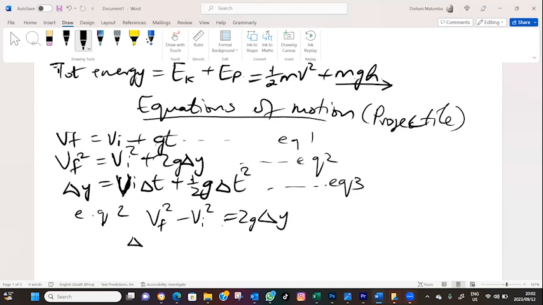Now, change of y is given by v final squared minus v initial squared over 2g, which is gravitational acceleration.